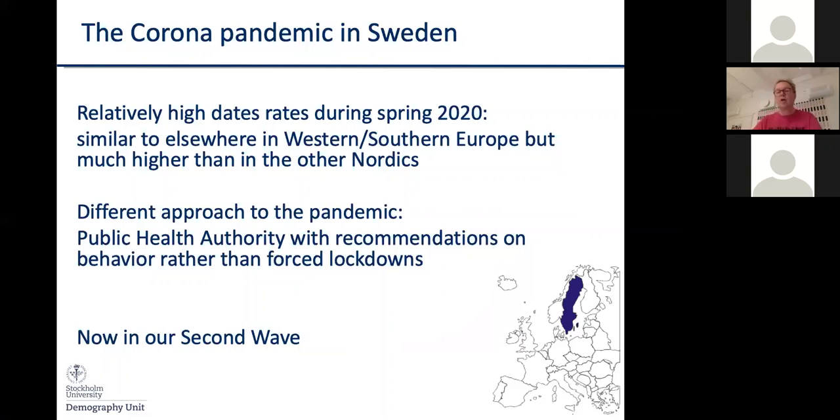In contrast to other countries, we did not have strict lockdowns of societies, but more soft recommendations from our public health authority on physical and social distancing. And currently, like many other places in Europe, we are in the phase of a second wave of this pandemic.